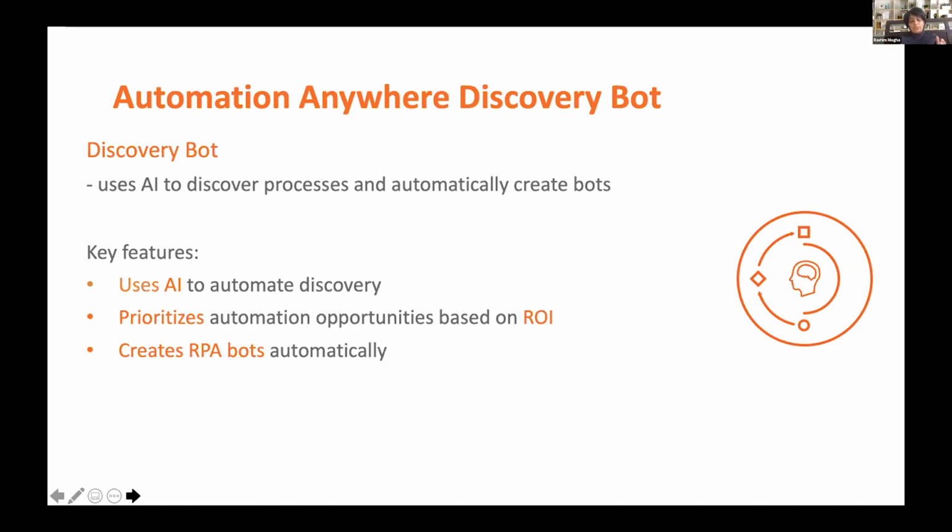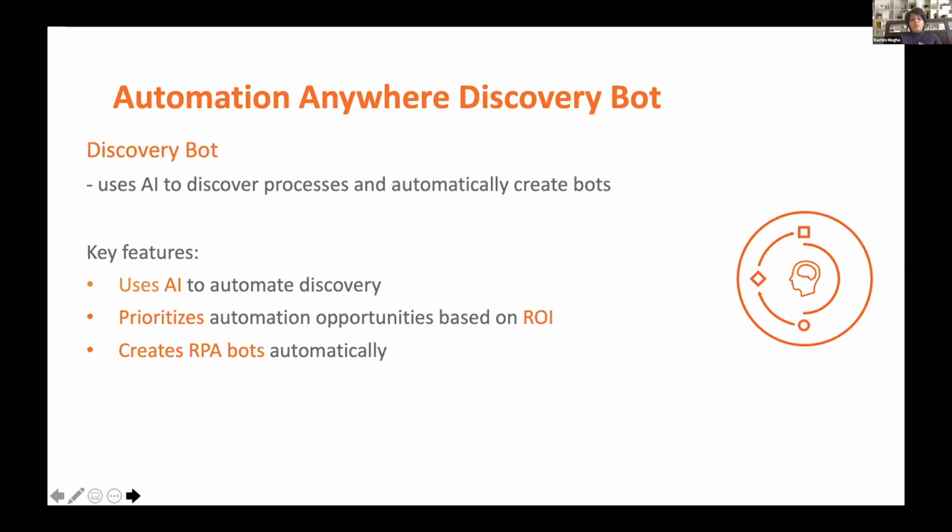So that's why earlier this year, Automation Anywhere actually launched Discovery Bot, which basically allows you to use AI to discover processes and then automatically create bots. So basically, imagine that you could do your discovery based on the actions that you are taking to complete a process.